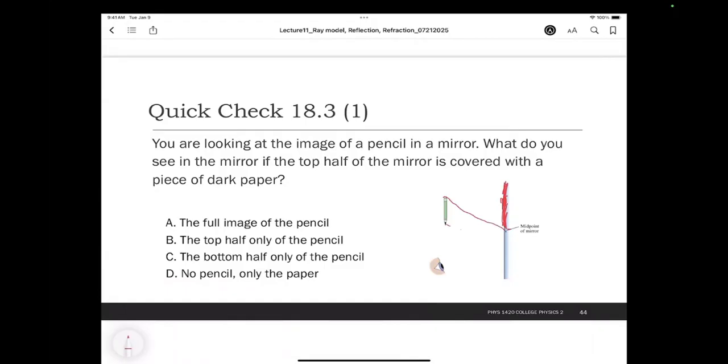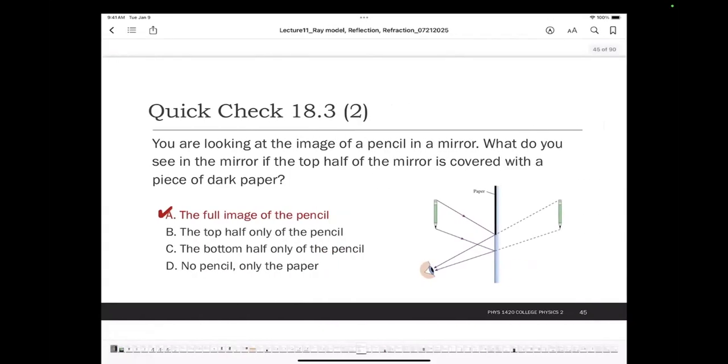The light goes just like this, and you can see the pencil, it's just the reflection.